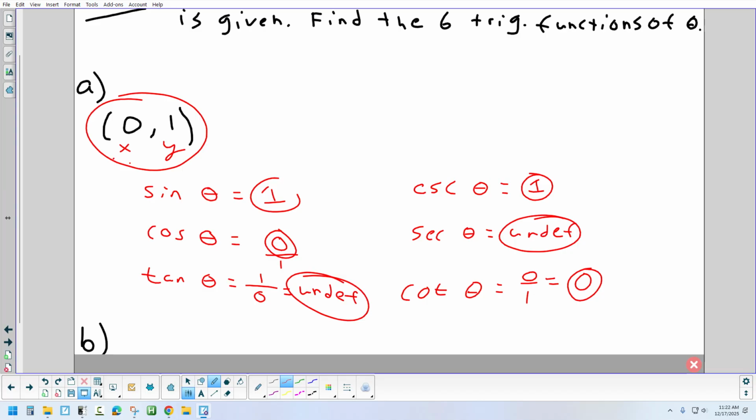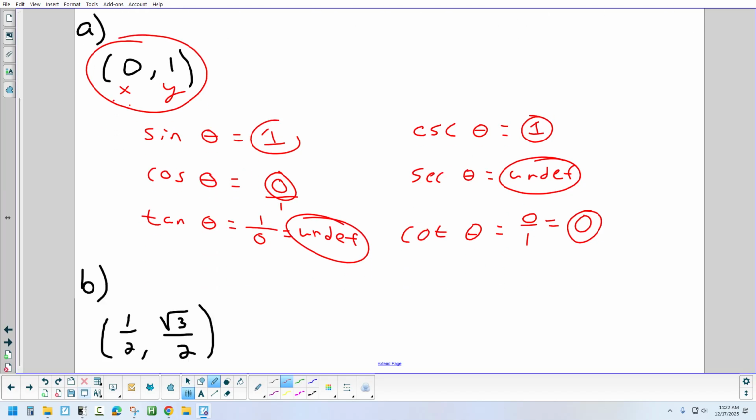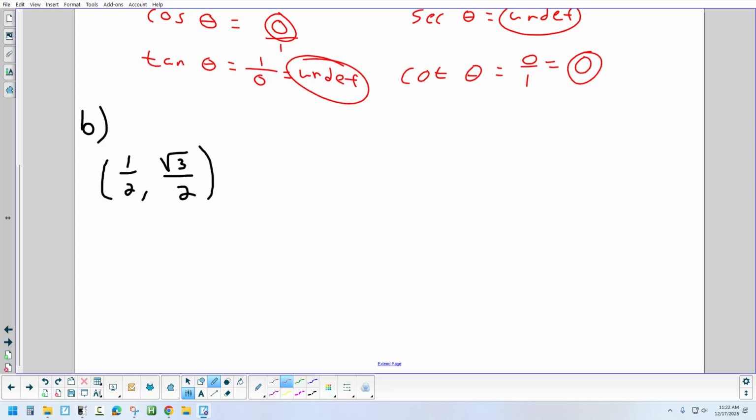Questions on those 6? So it's just plugging the coordinate into 6 different formulas. Let's try this one. What looks different about this coordinate? There's square roots, so fractions.